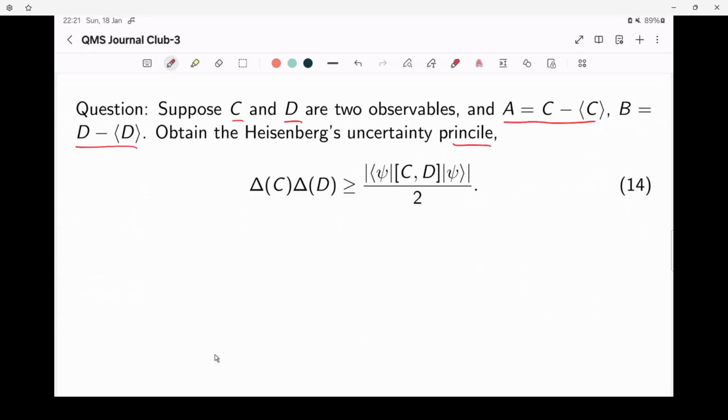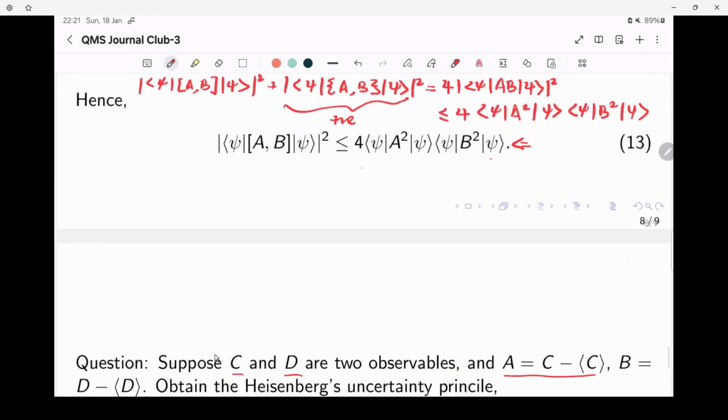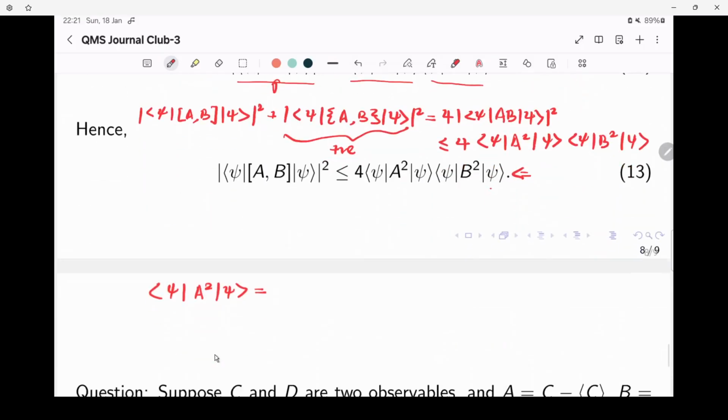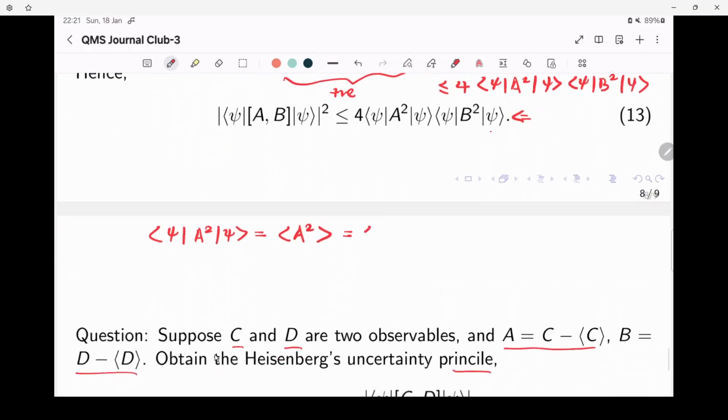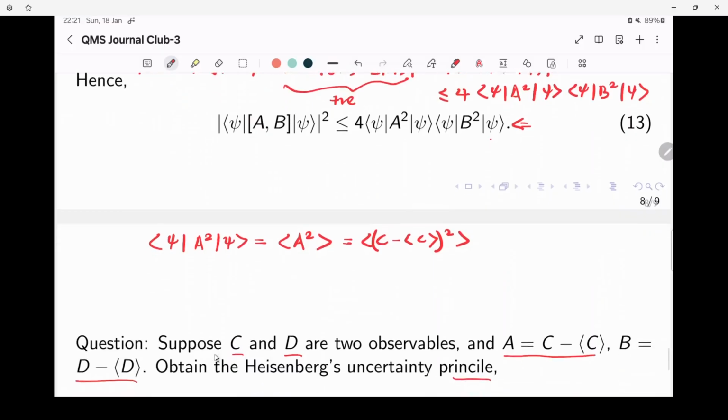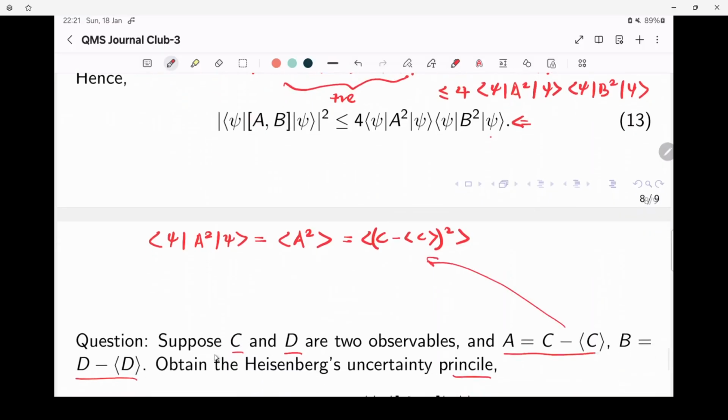For this part, if you plug in the equation from just now, you get the expected value of C minus the expected value of C, the whole thing squared.